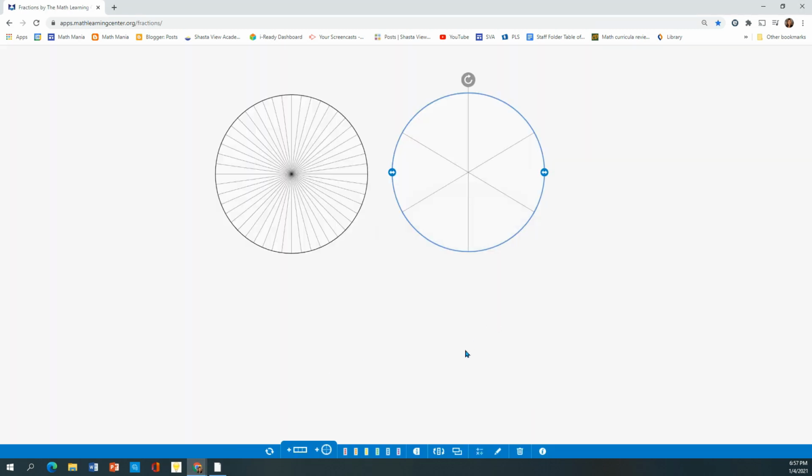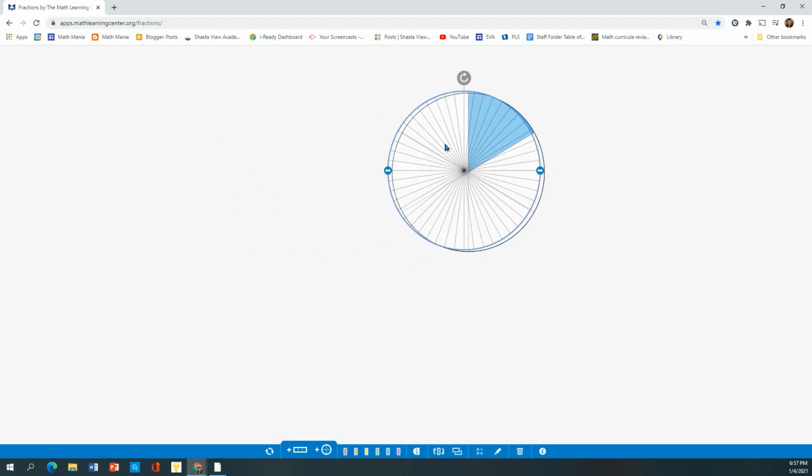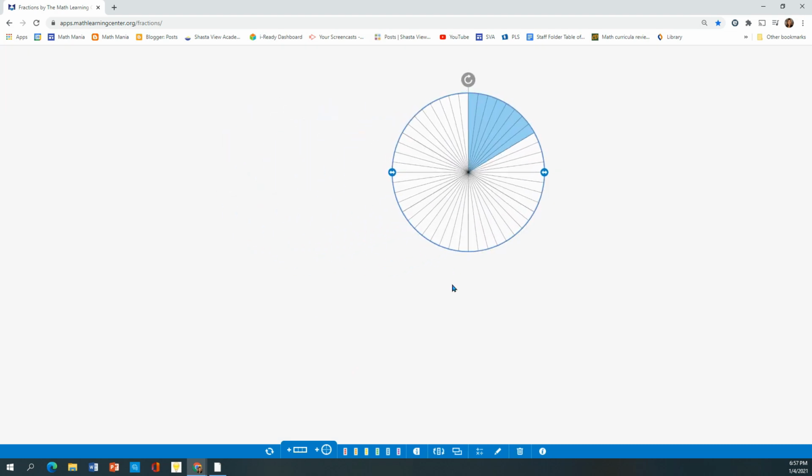There we go. Okay, and then we have 1 of the 6. So I'm just going to color that blue. And then they say that I'm going to have 8 out of 48. Let's see if that is true. And I'll color them yellow so we don't get them confused. Count with me. 1, 2, 3, 4, 5, 6, 7, 8.